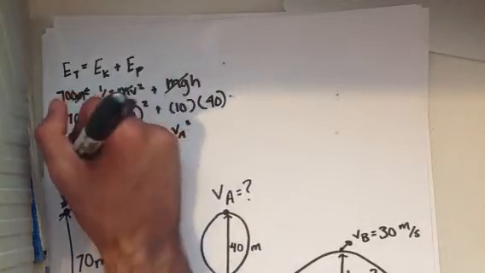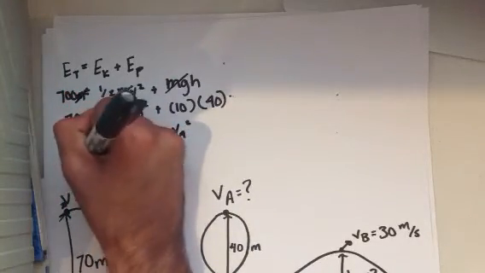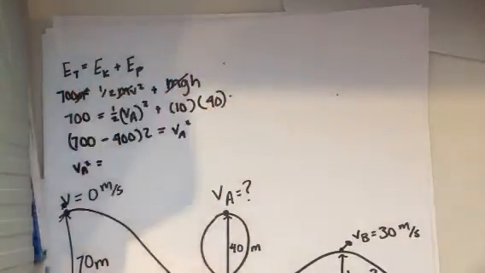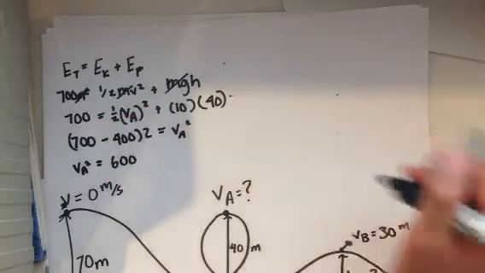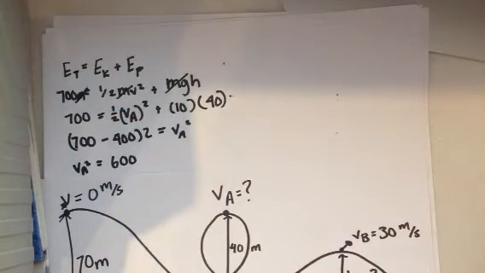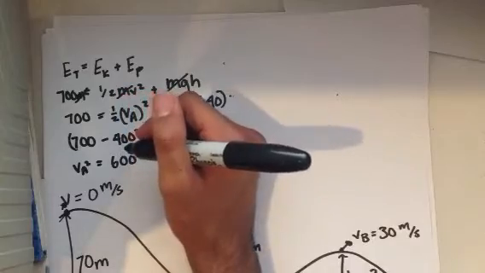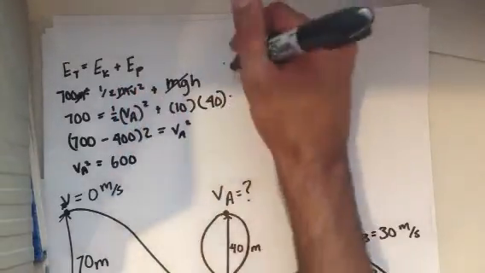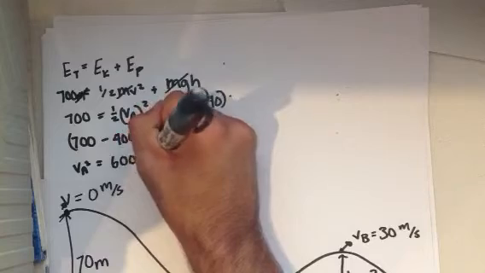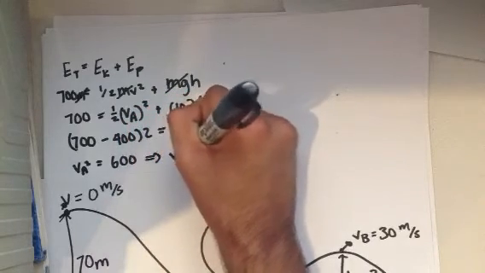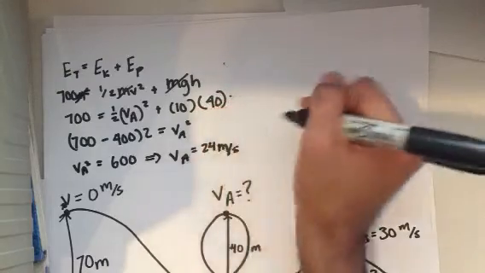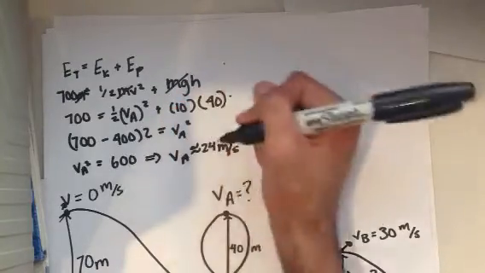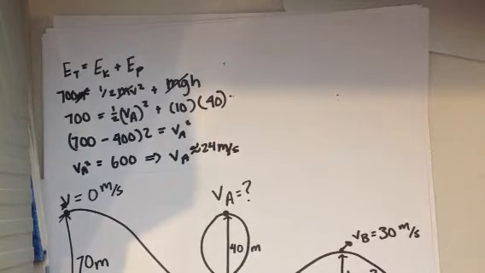So VA squared equals 700 minus 400, which is 300, times 2, which is 600, and the square root of that is 24. So VA equals approximately 24 meters per second.